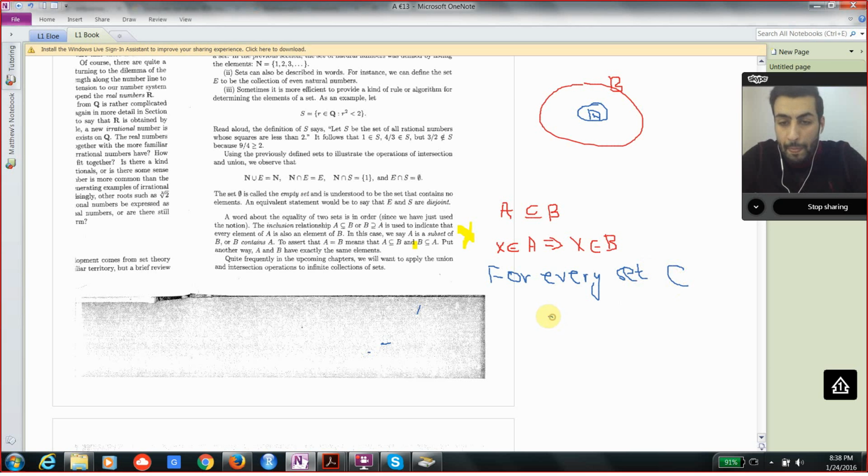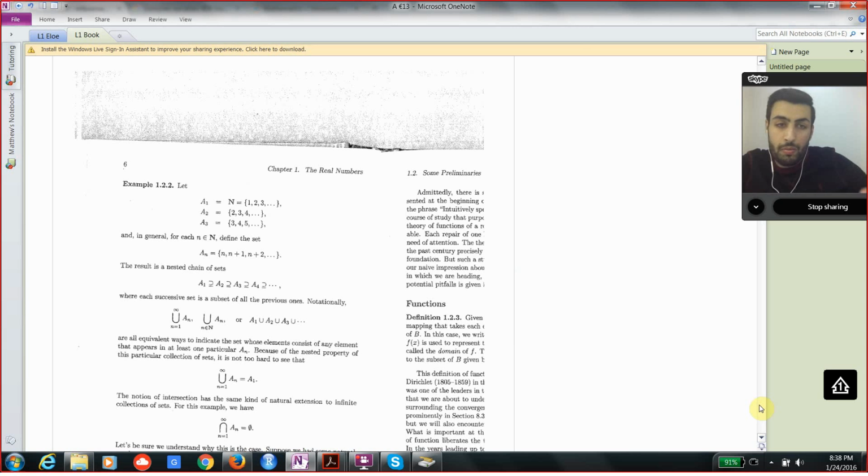For every set C, the null set is a subset of C. That's right. Null set. And I won't explain why. Right now, we're going to believe that that's true. Okay. Good. So this is what it means to be a subset. The null set's a subset of every set. Exactly right. So this is this portion right here.